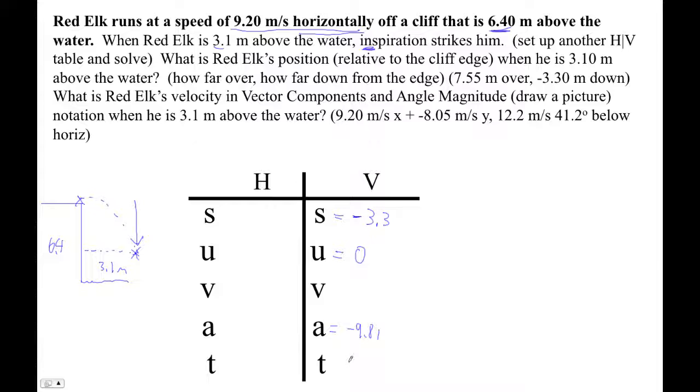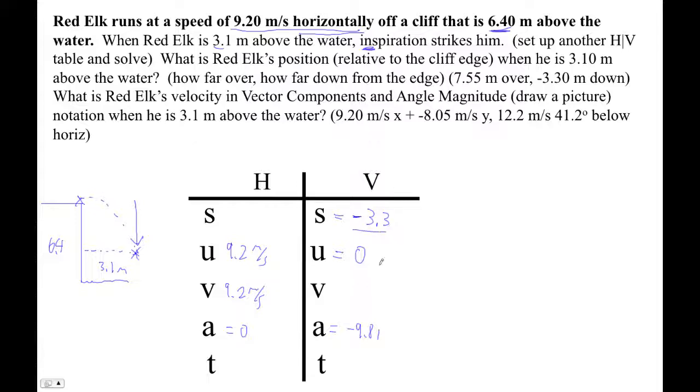And then let's see, what else do we know? Oh, 9.2. This guy's 9.2 meters per second. This is 0, and this is going to play out pretty much the way the first problem played out.